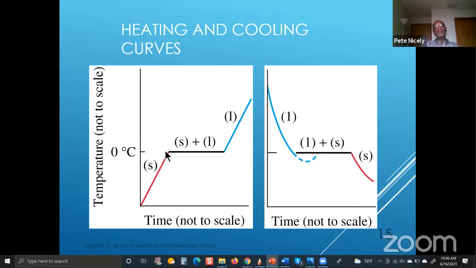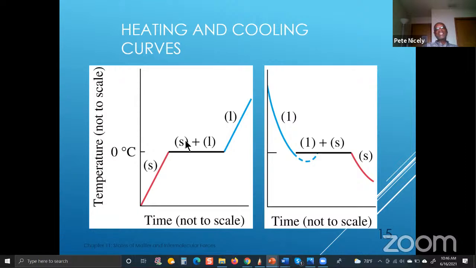This is the point where you have the conversion of the solid to the liquid state. At this point, the temperature will remain constant. As long as you have solid present, the temperature is going to remain constant. So this line here represents the temperature at which you have the conversion from the solid to the liquid state.